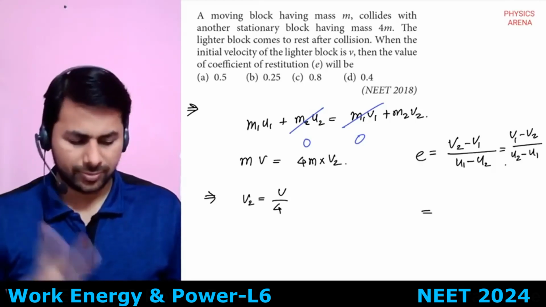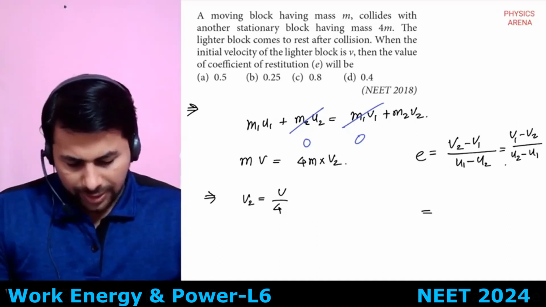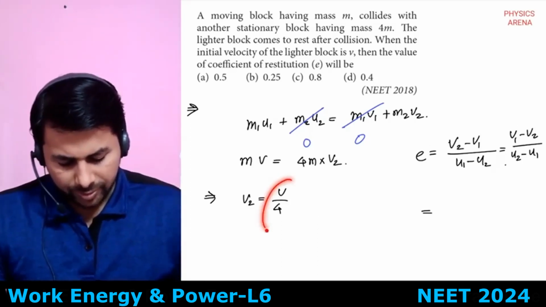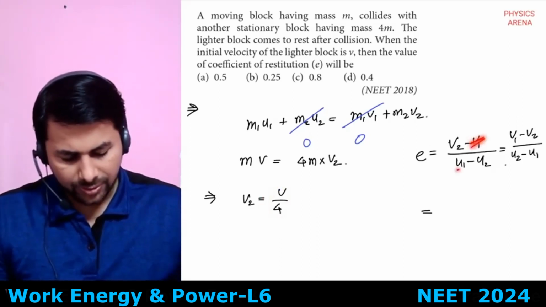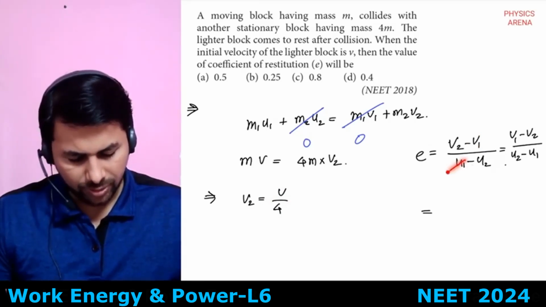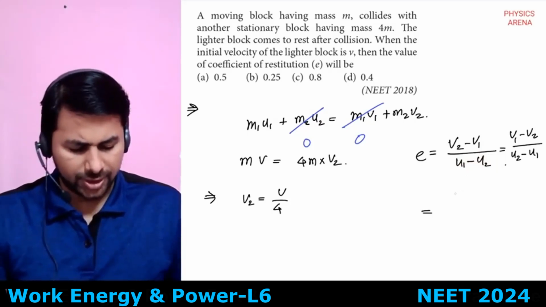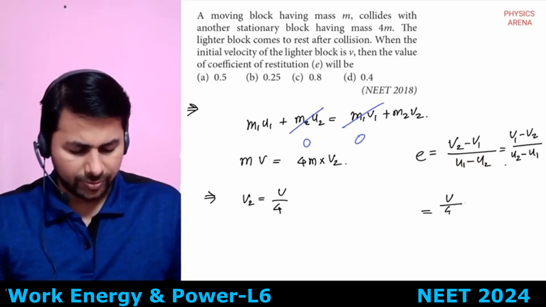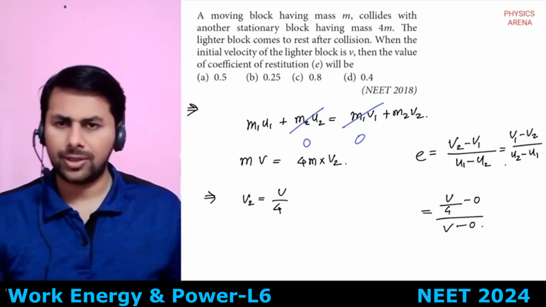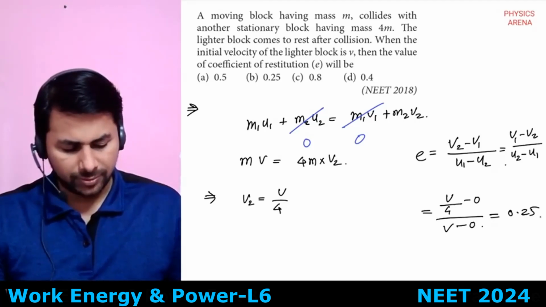Order is opposite in the numerator and denominator. So we have v2, which is v by 4, v1 is 0, and u2 is 0. u1 is v. So this is v by 4 minus 0 divided by v minus 0. That's 1 by 4, which means 0.25.